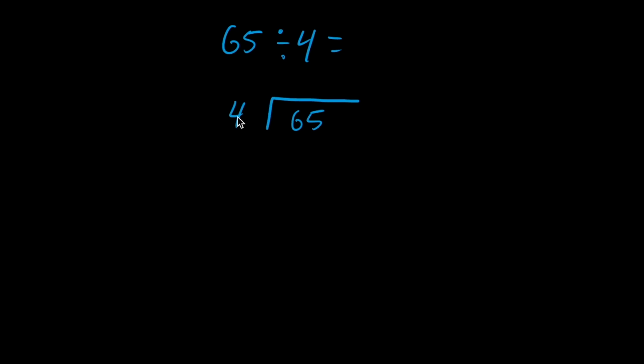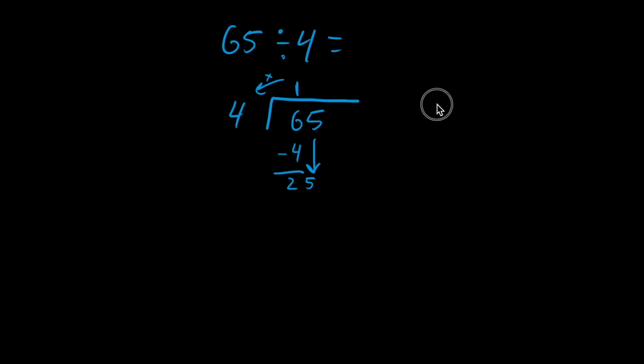How many times can you fit 4 into 6? That's 1 time. And so you multiply 1 times 4, that's 4. 6 minus 4, that's 2. You bring down the 5, now you have 25.